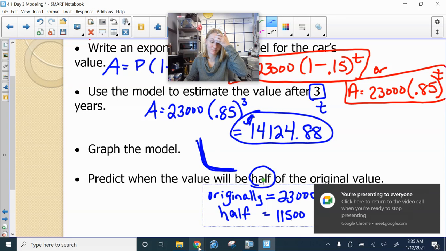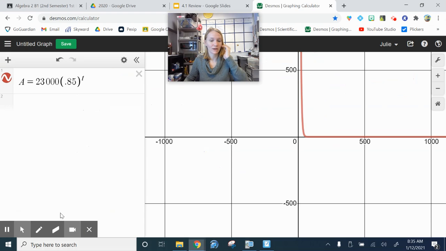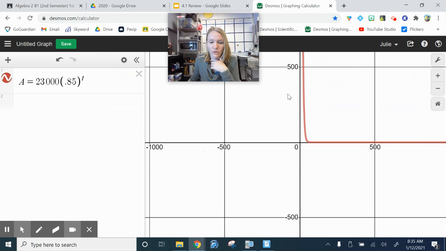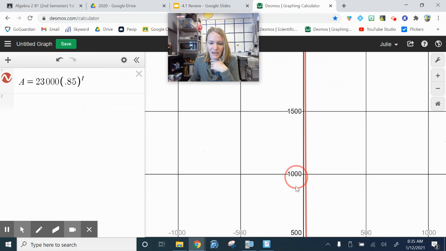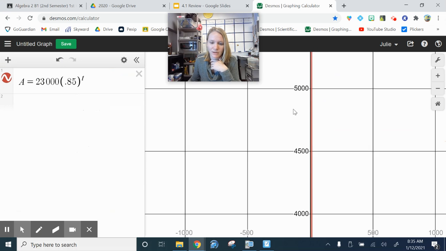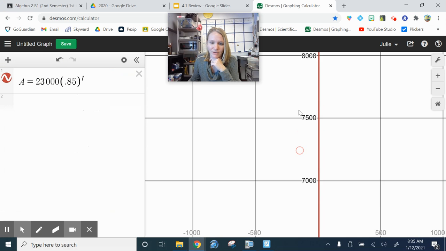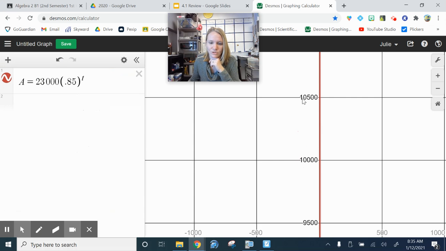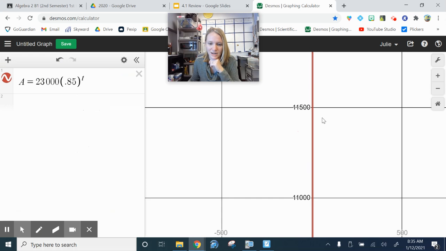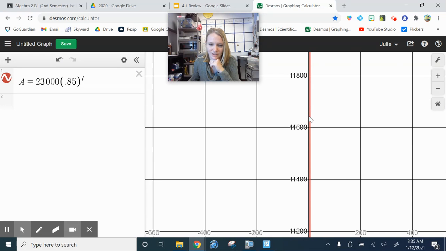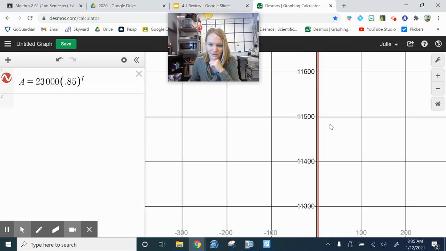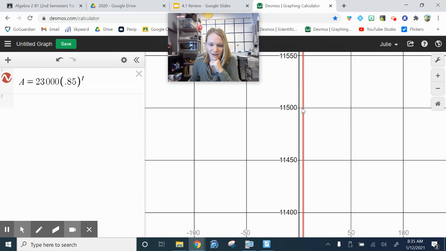So what we're really going to look at, we could do this a couple of ways. We could look for when we see 11,500. So I could scroll up here, find my 11,500. It's kind of handy here. Somewhere in here. We could look at right in here.